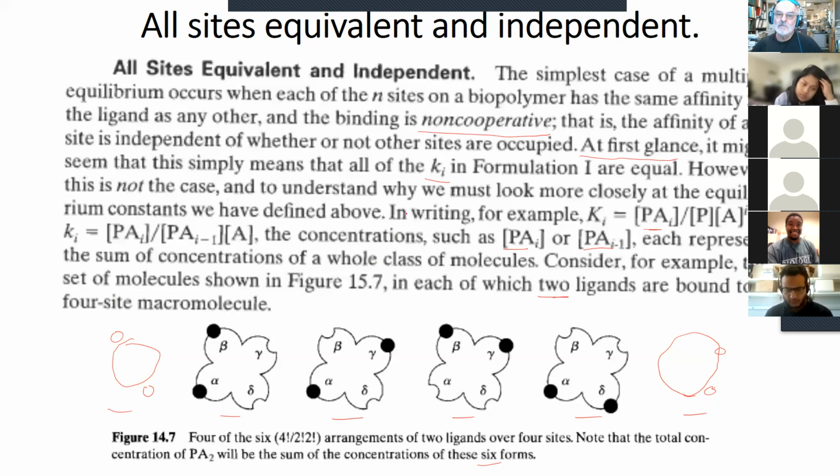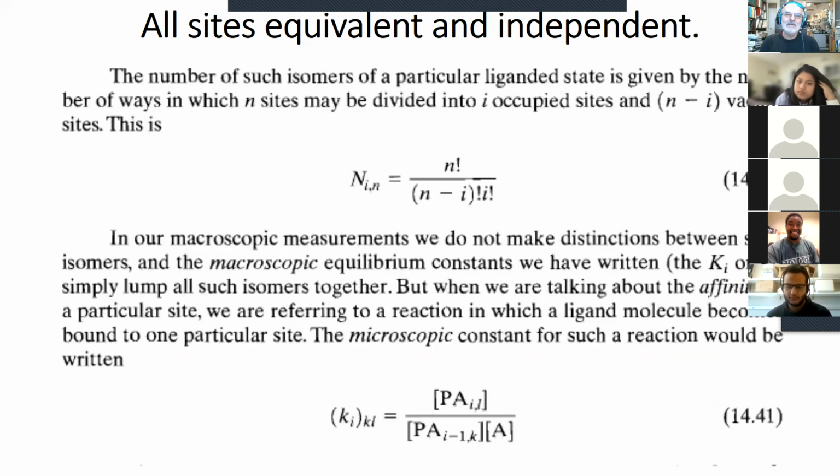So the overall binding constant has to be corrected for the fact that there are different ways of making it, different populations that exist at the same time. So when you write down the equilibrium constant, you have to take into account the fact that there are multiple concentrations that exist.